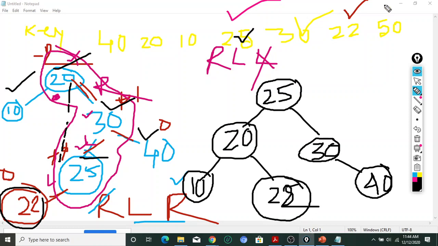Okay, now consider the last one, 25. If I add 50, so 50 will be there. And when 50 is there, if I check, obviously this is imbalanced.